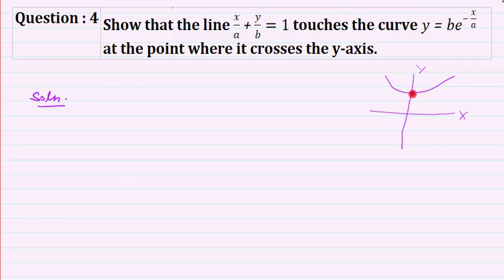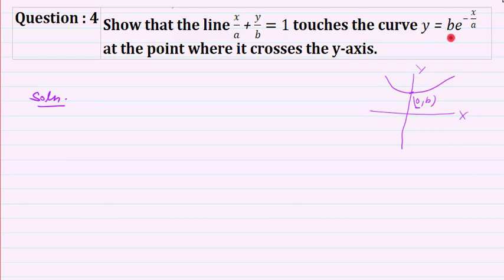So the coordinate of this point will be 0, and let us consider the y coordinate as b. So x is equal to 0 is one of the points on this curve, because at that particular point we need to calculate the equation of tangent.